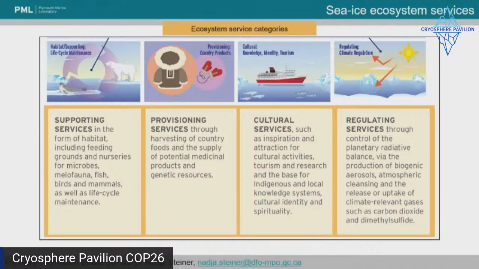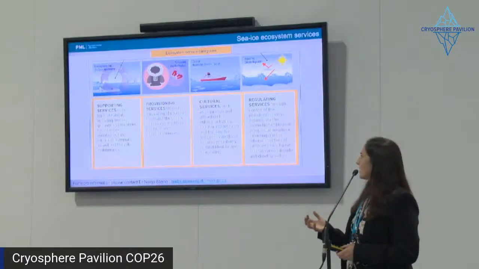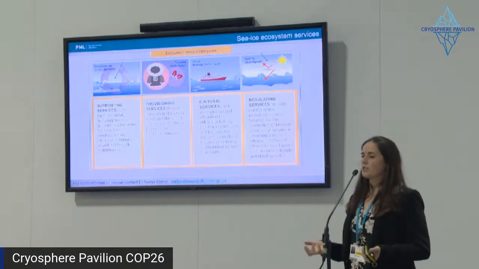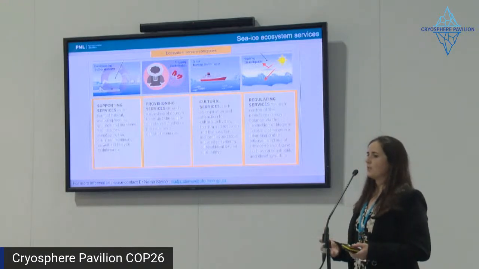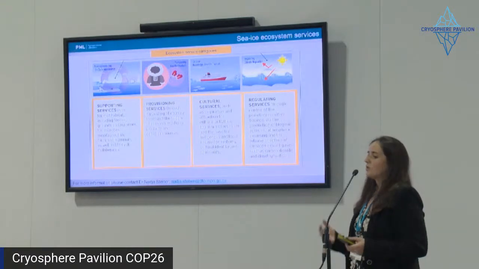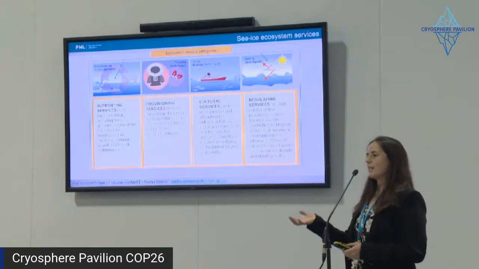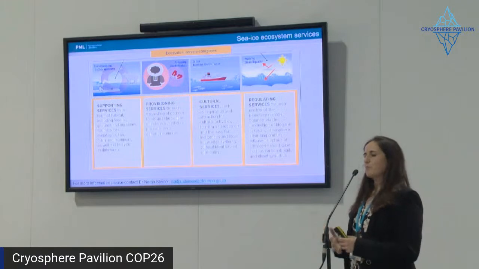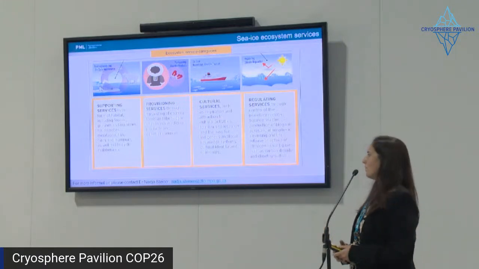We can think of provisioning services, so things that provide food or supply of materials, but also things like the untapped biopotential of some of these organisms that we may lose that are endemic to the sea ice. We don't know yet whether maybe they have the answer to some of our problems in terms of medicinal help and genetic resources.